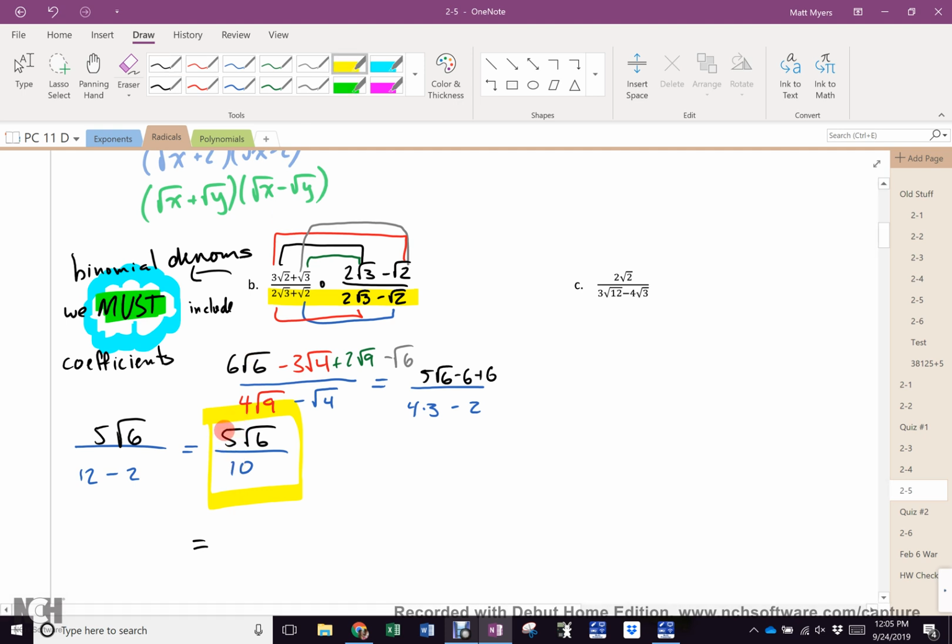What does that become? Root 6 over 2. Because I can take a 5 out of there and a 5 out of there. Just like if I was doing fractions. Everybody good? Okay. What do you want to do with C? Because you got a couple of options there.